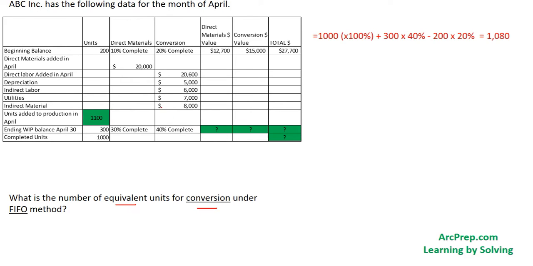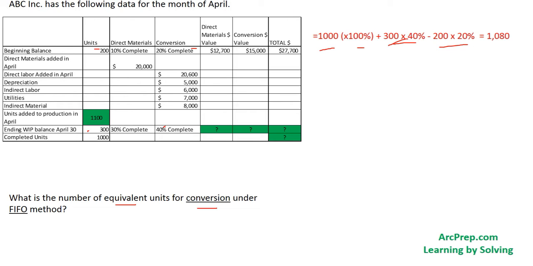Now, equivalent units for conversion is pretty much the same. We are going to start with 1,000 units that are 100% complete, and then we are going to look at 300 units that are 40% complete, minus 200 units that are 20% complete. So I already completed, quote-unquote, 40 units on 100% from an equivalent unit basis.